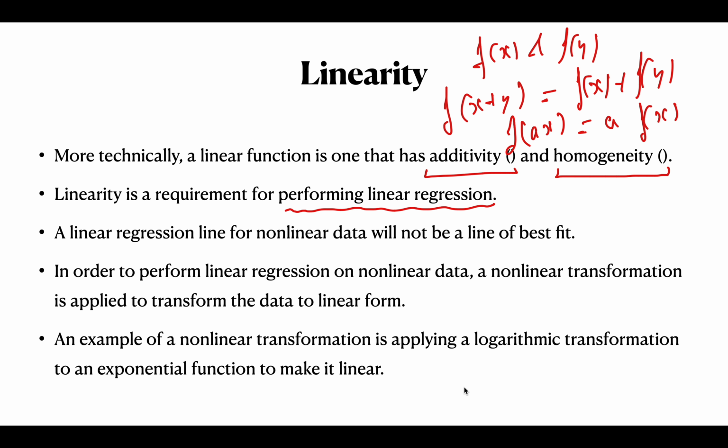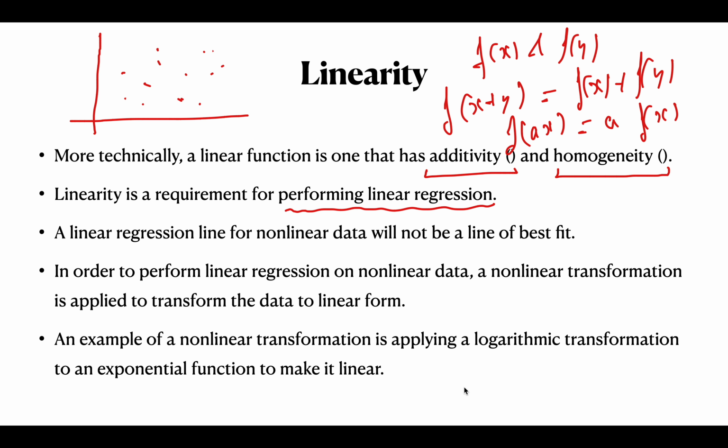Next line is a linear regression line for non-linear data will not be a line of best fit. If you're not understanding what the line of best fit is, we will discuss it shortly in further lectures. Let's say I have some data over here.